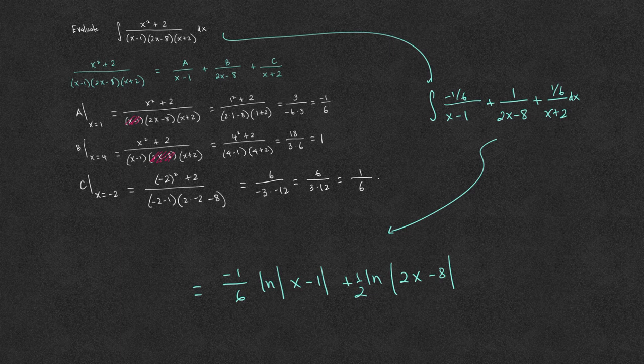Notice that we can also factor out 2 in the denominator to get 2 times the quantity x minus 4. The next term has an antiderivative of 1 over 6 ln of x plus 2, and don't forget to add a constant C. This is the antiderivative we're looking for the given integral.